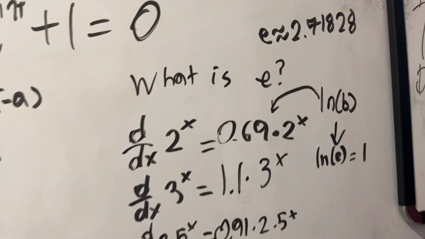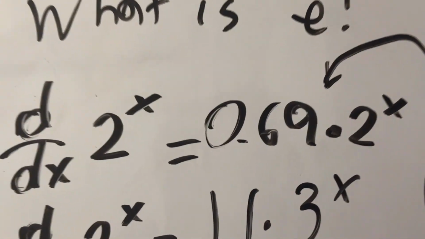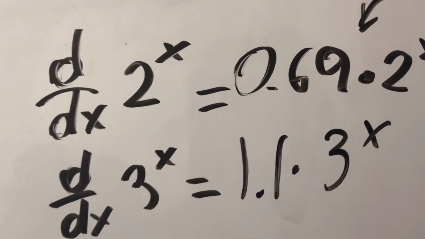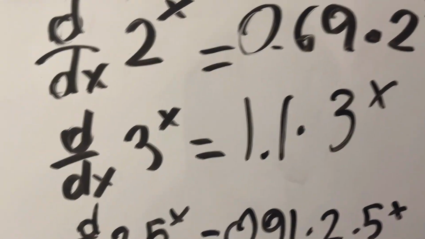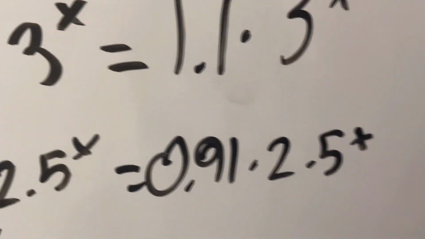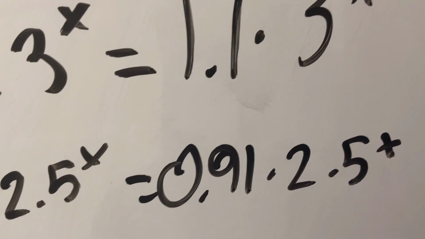So let's talk about it. The derivative of 2 to the x is roughly 0.69 times 2 to the x. The derivative of 3 to the power of x is around 1.1 times 3 to the x. The derivative of 2.5 to the power of x is 0.91 times 2.5 to the power of x.